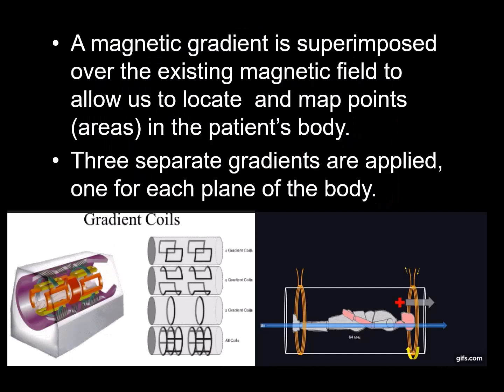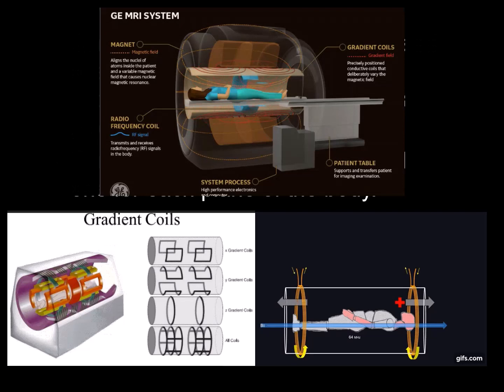Here we can see the different gradients, and when you're in the magnet, you can hear them being applied. They have that knock, knock, knock, knock, knock noise. This is the sound of power being applied at one end of the gradient and then power being applied at the other end of the gradient. The power applied at each end is different, therefore we get a slope.